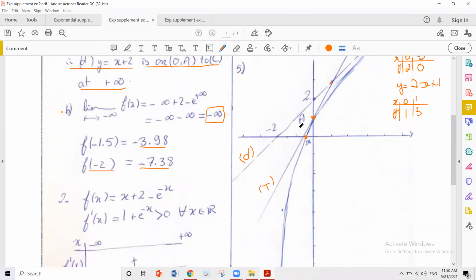We also have the points: f of minus 1.5 is minus 3.98. This point is minus 1.5, minus 3.98, approximately 4.